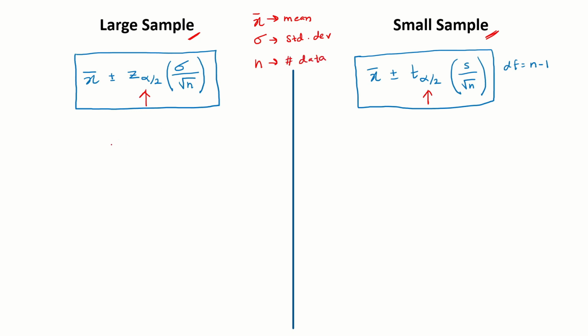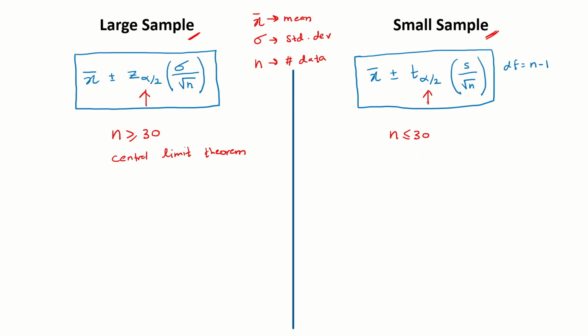So you can consider a sample to be large if N is greater than or equal to 30, and this follows the central limit theorem. Likewise, if the number of data points is less than 30, then the sample is considered small.